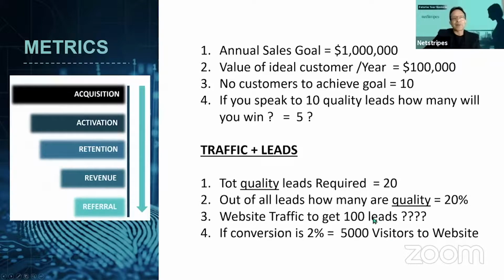If we're to get 20 quality leads, and if of these 20 quality leads we win 50% of them, we get 10 customers, and then we'll achieve that. So everything is focused on achieving $1 million. For that, we know we have to win 10 customers, and we need 20 quality leads, and then we need the website to give us 100 leads.